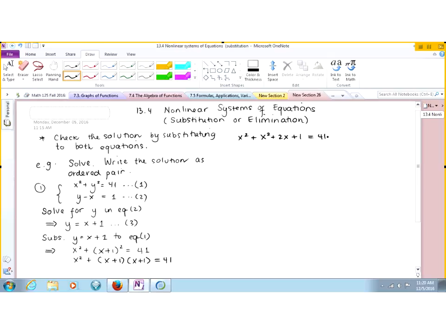All right, then what do we have? 2x squared plus 2x minus 40 is equal to 0. So you subtract 41 from both sides, because this is a quadratic equation, so one side must equal 0.